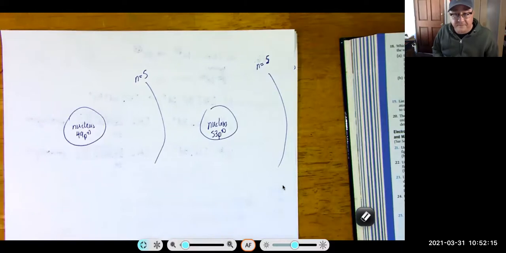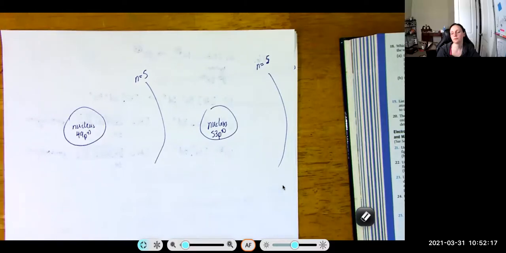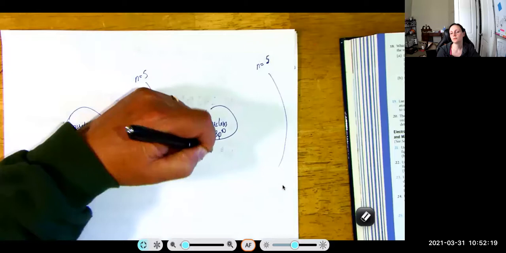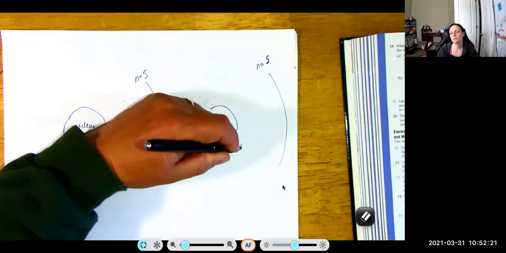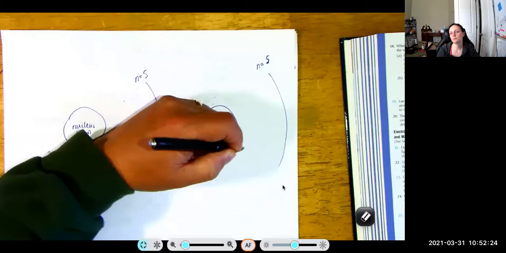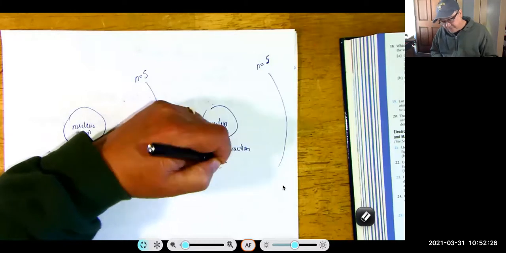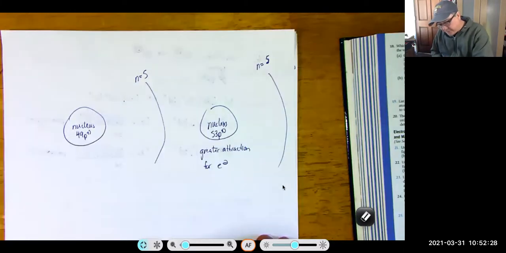This one. Right. So this has a greater attraction for electrons and pulls them closer.